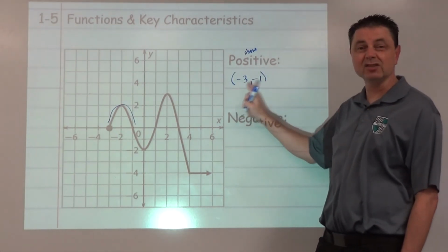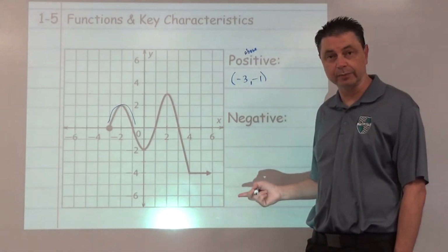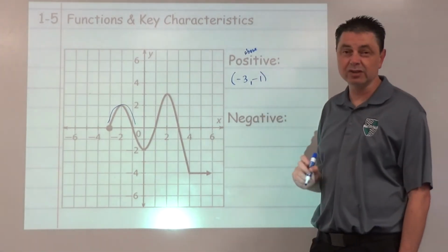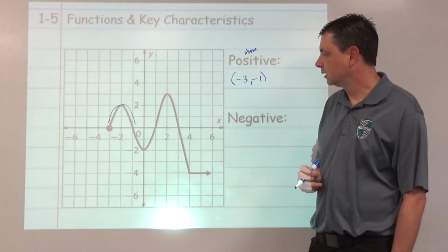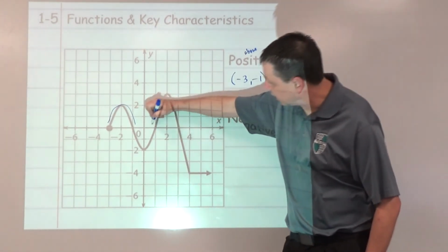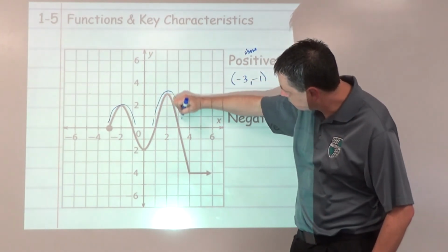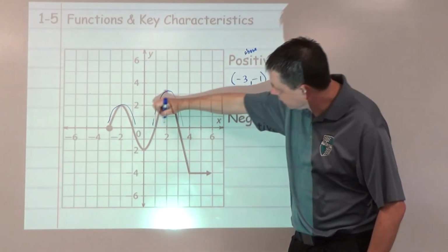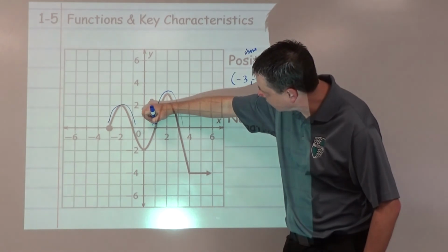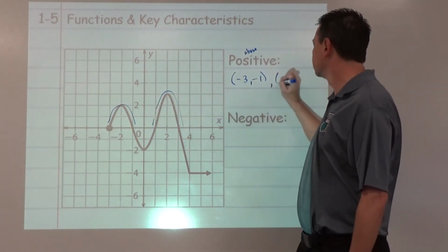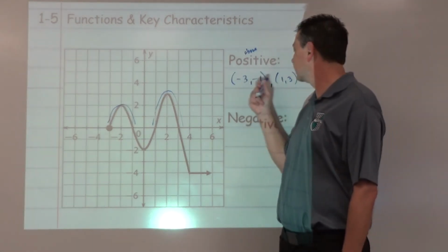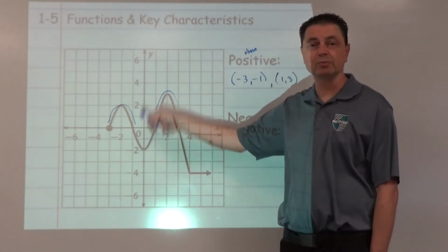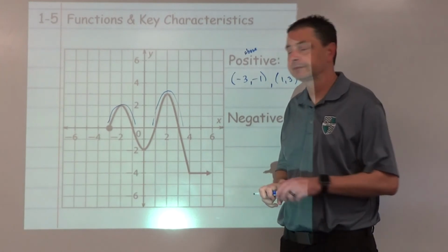Those are both x-coordinates of x-intercepts. -3, 0 is one of them. -1, 0 is one of them as well. Where else are we above? We're above right here. So from 1 to 3, also above. So that's an interval at which the function has positive values.